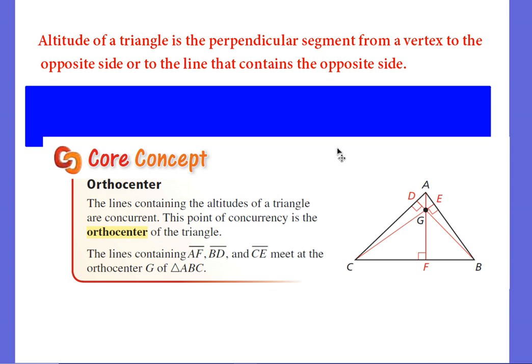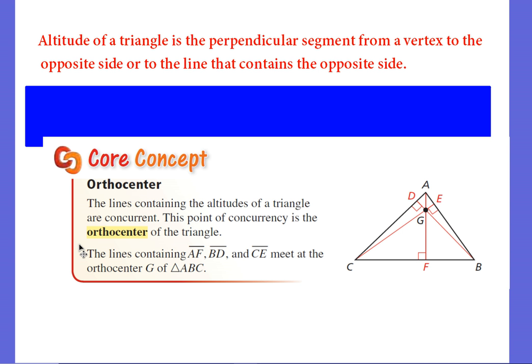So what is so special about the orthocenter? What's so special about the orthocenter is that there's nothing special about the orthocenter. Really, there's no characteristic. Notice that there's not an orthocenter theorem that goes along with it. So it does not have an interesting characteristic like the other three did.